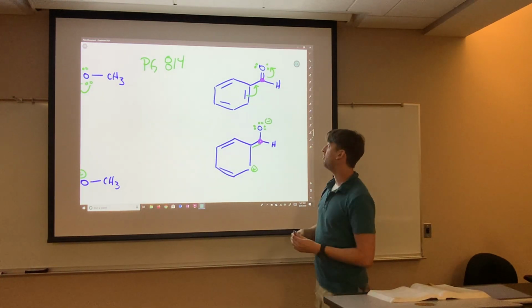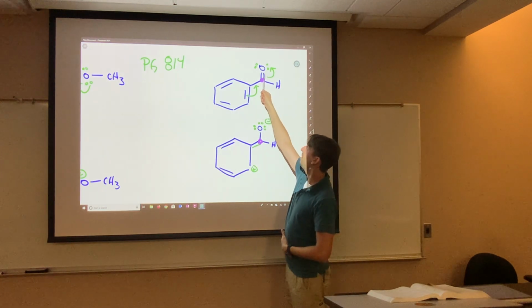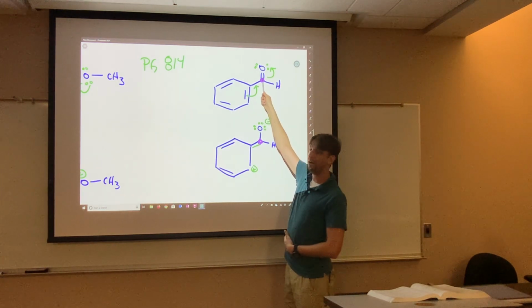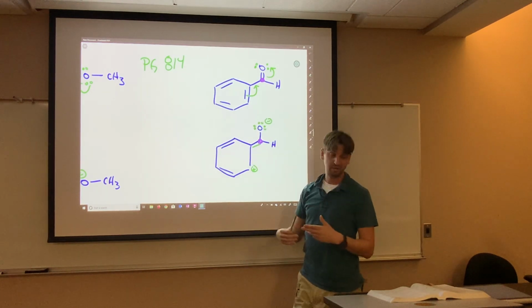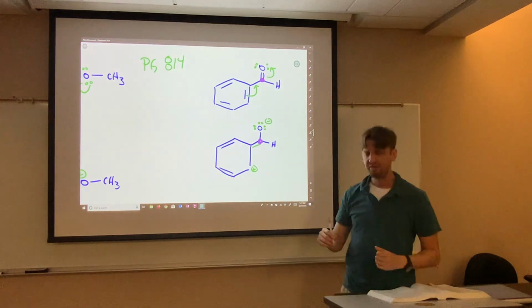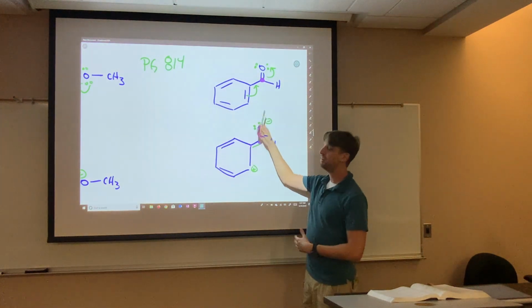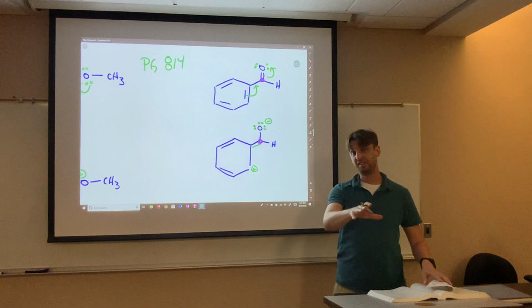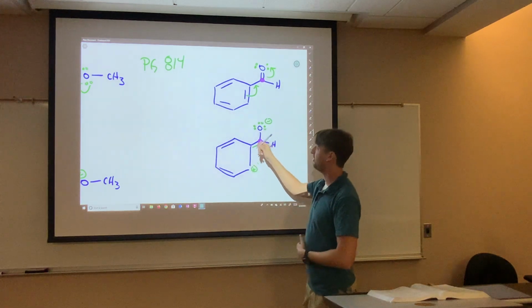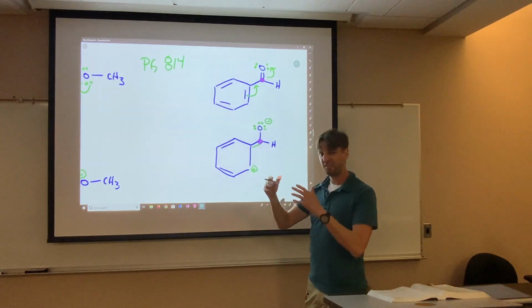The other thing to look for is, do you have a conjugated set of pi bonds with the ring? Do you guys remember what it means to be conjugated? This is what we talked about in chapter 15, I believe, chapter 15 or 16. Yeah, sorry, chapter 16 is where we talk about conjugated pi systems, right? So pi bonds that are next door to each other.